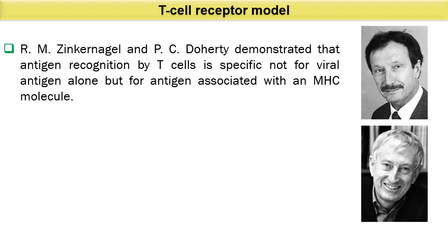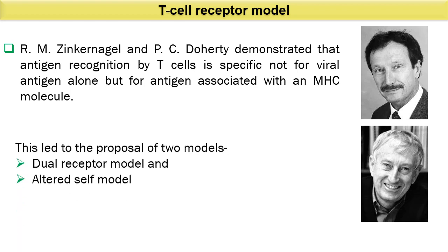They showed that T-cell recognizes antigen when they are presented on the membrane of a cell by a self-MHC molecule. This attribute is called self-MHC restriction. For this work, Zinkernagel and Doherty were awarded the Nobel Prize in 1996.